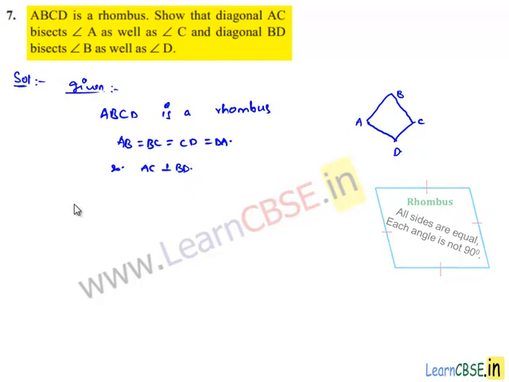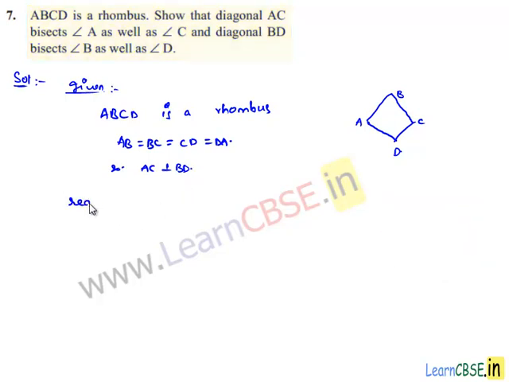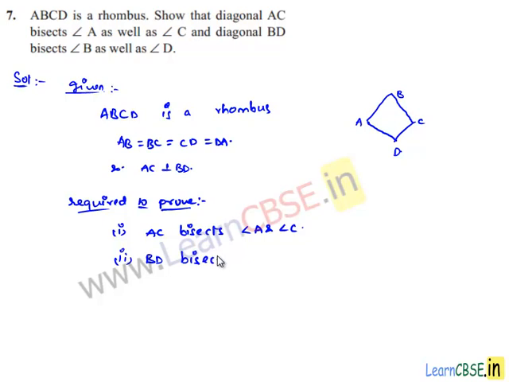Now we are required to prove that firstly AC bisects angle A and angle C, and secondly BD bisects angle B and angle D. Now in order to prove this, let us follow the procedure.